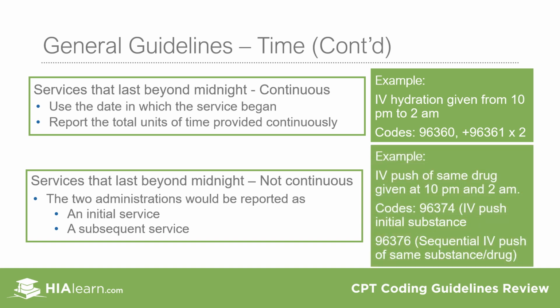For example, if reporting for the facility, if an IV push of medication is given at 10 p.m. and another IV push of the same medication is given at 2 a.m., code 96374 is assigned to report the initial IV push of the substance or drug, and add-on code 96376 is assigned to report the sequential IV push of the same substance or drug. This represents an exception to the requirement for a new substance or drug to be administered in order to report a sequential infusion.